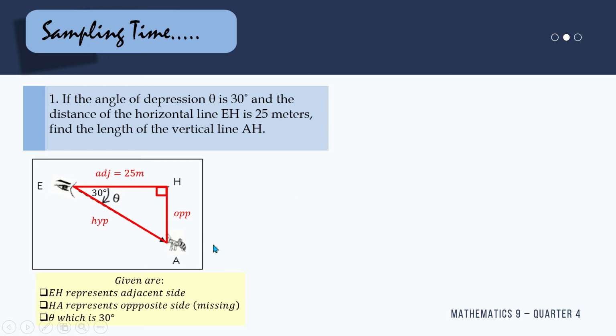So ang gipangita, what is asked? Find the length of the vertical line AH. So, ang gipangita is ang opposite side. Given, adjacent side. Another given is the reference angle. So, between the three basic functions, sine, cosine, and tangent, asa ato pwede magamit?